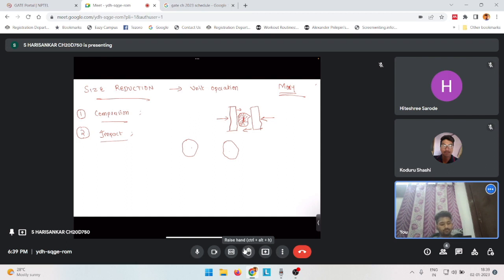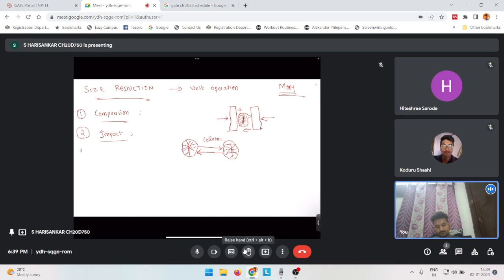These particles will collide with each other, usually at very high velocities, and this collision will break either one of the particles or, in some cases, both the particles. That kind of size reduction is called impact.